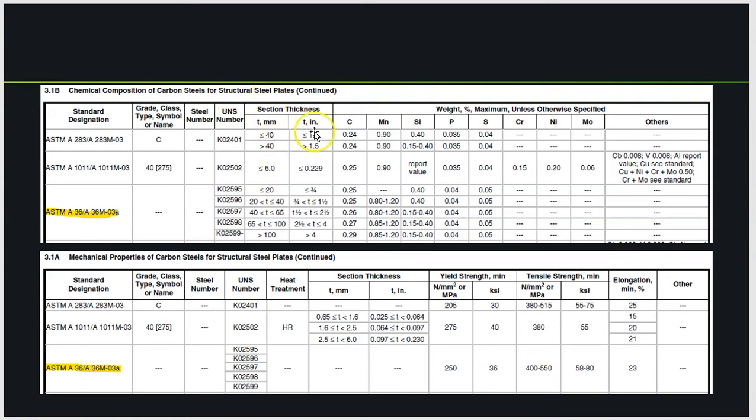So we can see all the different elements that are being added and in what amounts. And then the bottom chart is going to tell us the mechanical properties. So this is going to tell us stuff like the strength, so the tensile strength, yield strength, that sort of thing. So this is how the second system of classification lists their metals, or rather their materials.